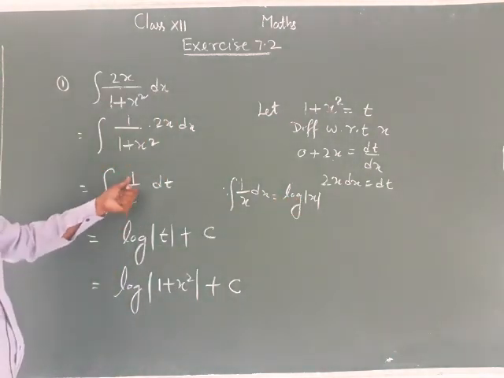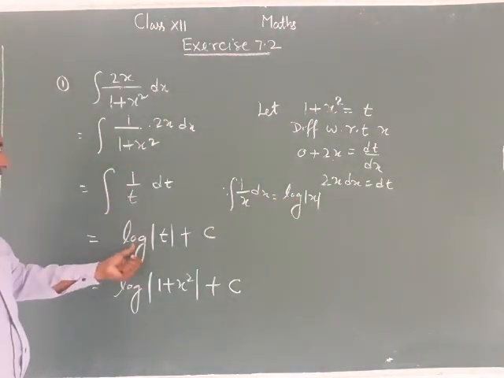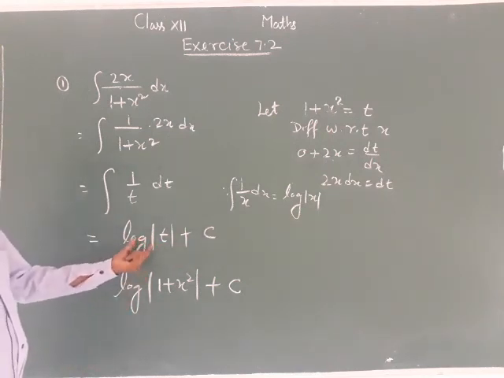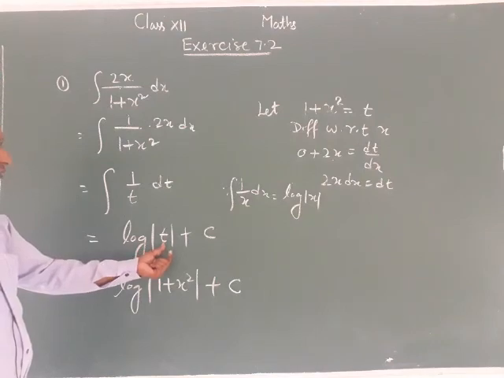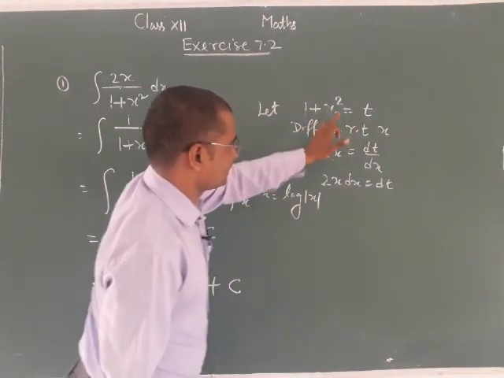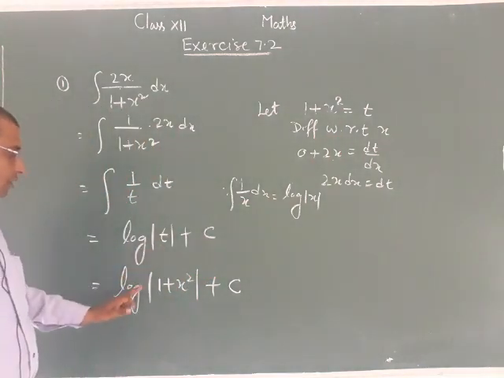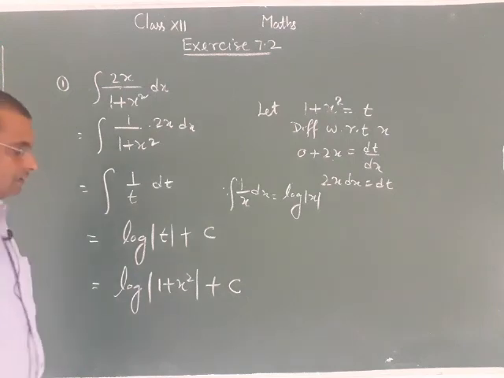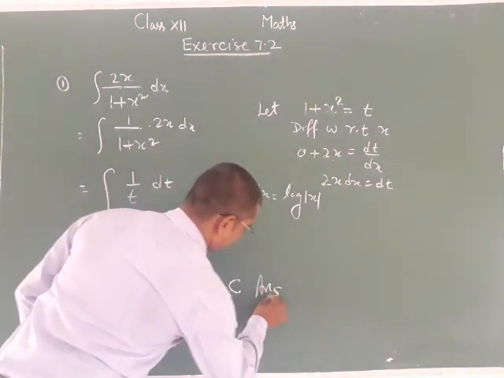So the integration of 1 upon t dt is equal to log t plus c. Now change into x variable, t is equal to 1 plus x square. So log of 1 plus x square plus c. This is the answer.